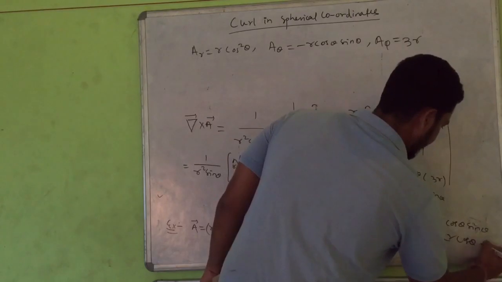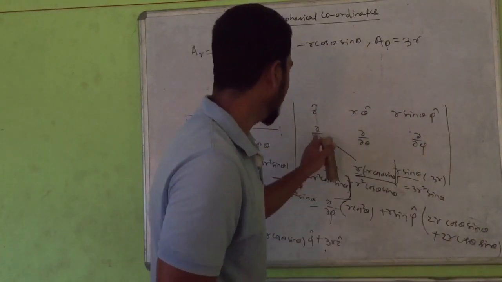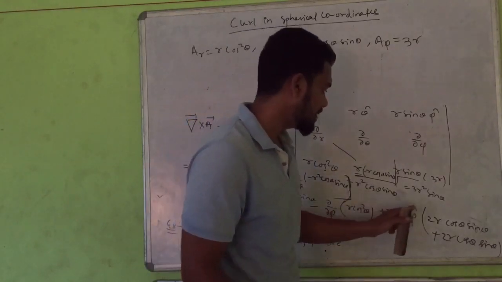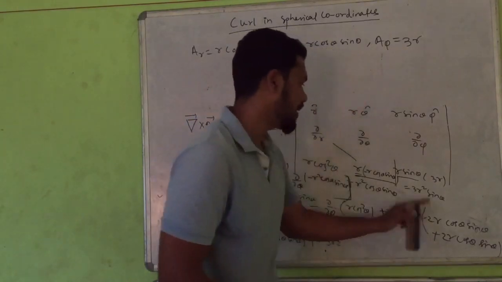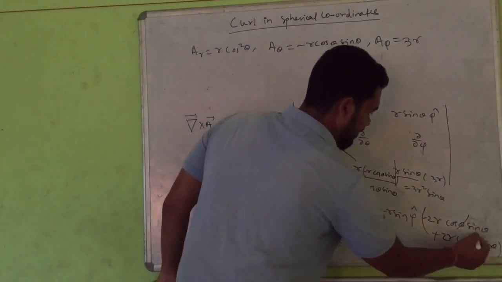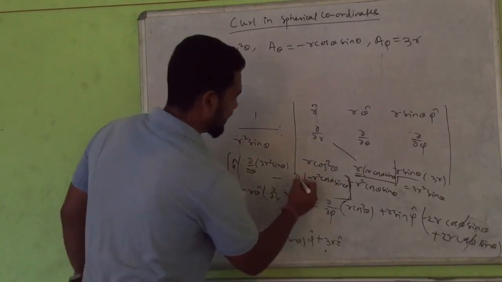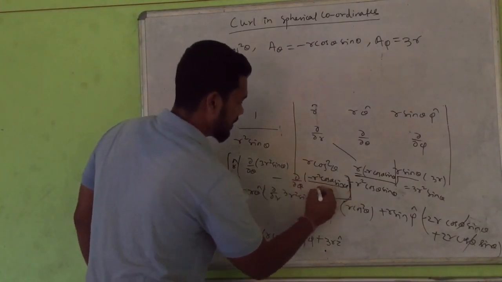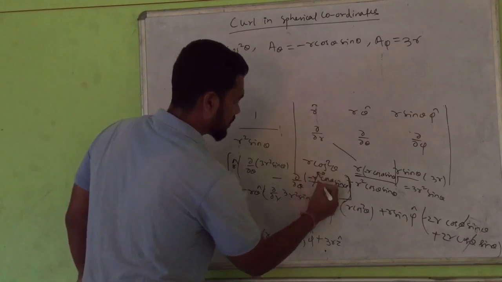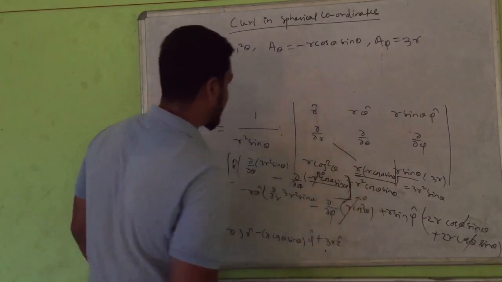This is minus sin theta, so you will get plus sin theta. So here del of del r minus r square cos theta sin theta will result to minus 2r cos theta sin theta. So this term minus 2r cos theta sin theta plus 2r cos theta sin theta will cancel, and here you can see del of del phi of minus r square cos theta sin theta equals to 0, and here del of del phi r square cos square theta equals to 0.